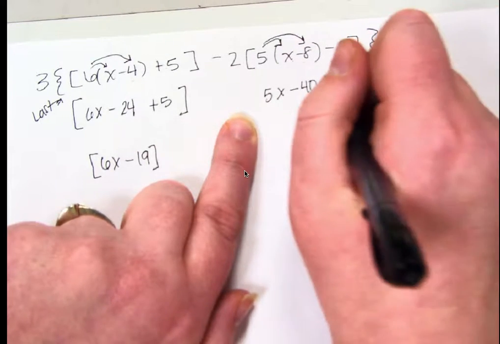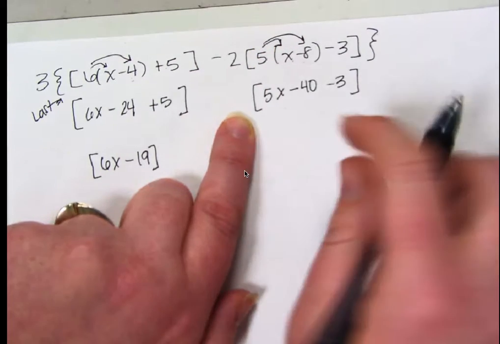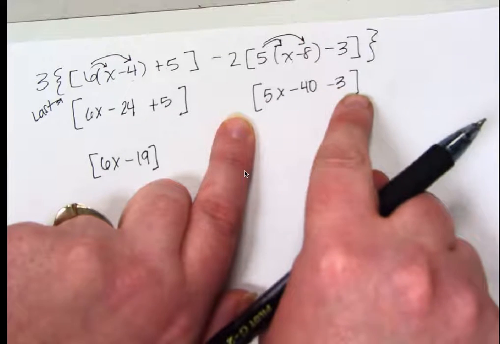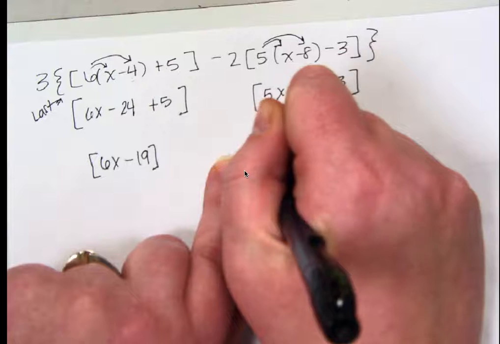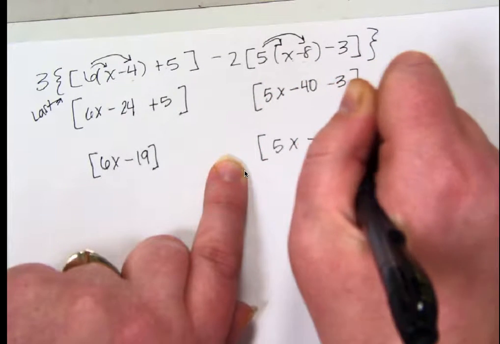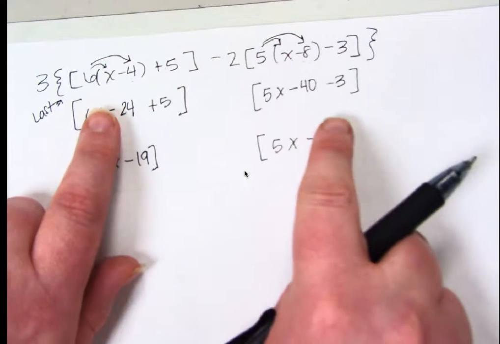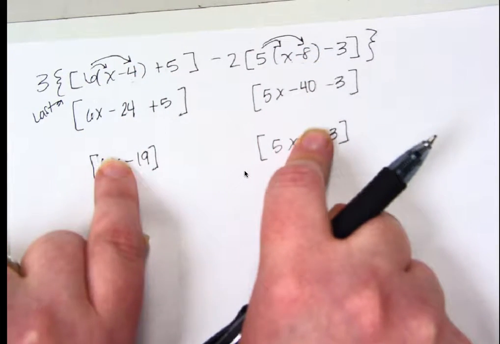And then we have -3. Same concept here, we have two like terms, -40 and -3, which we can combine. So we get 5x minus 43. Okay, so I've simplified inside the square braces.